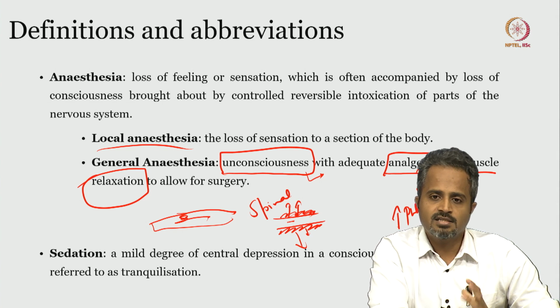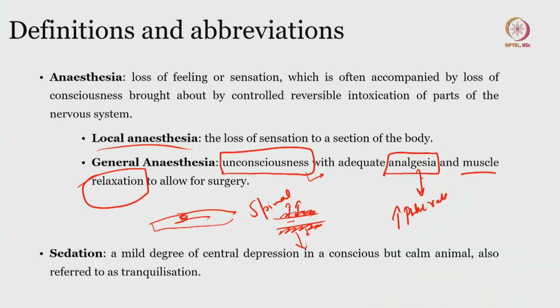How exactly is sedation different from anesthesia? Alright. So if you take a spectrum of consciousness, sedation falls in the lower limit of the depression. Alright. Higher the central depression, higher the extent of unconsciousness. Okay.